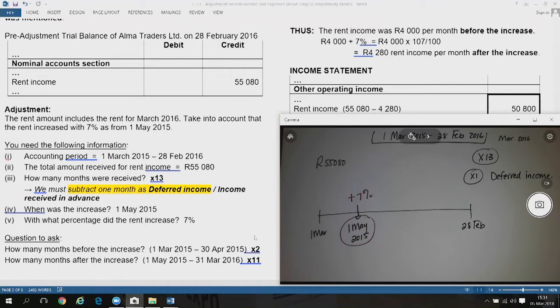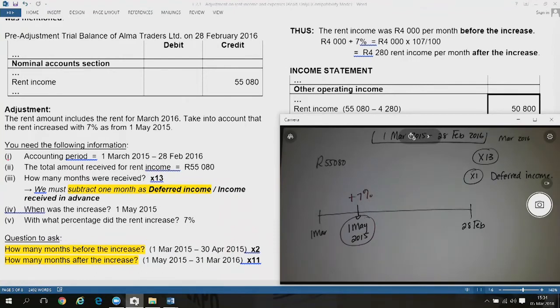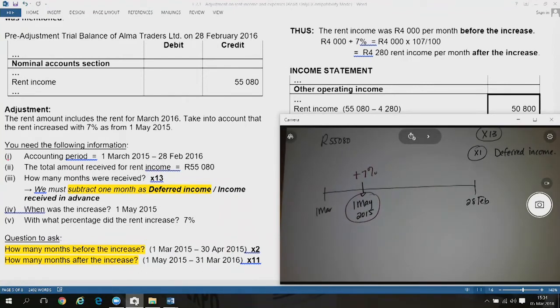This is very important to ask yourself the following questions. How many months before the increase and how many months after the increase? Okay, before the increase, it was March and April, so it was 2. If there's 2 months before the increase, it is 2x. That is before the increase.